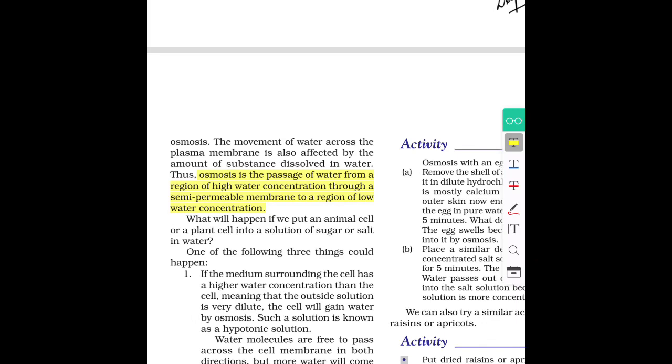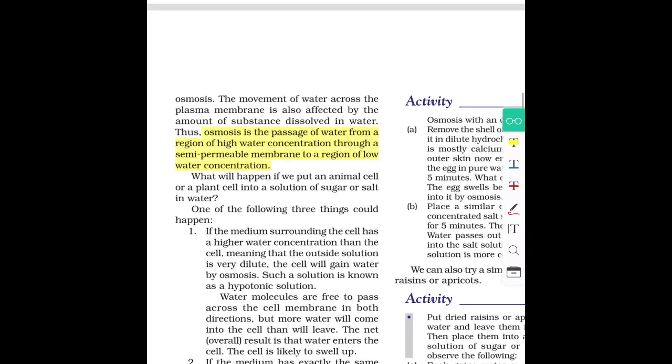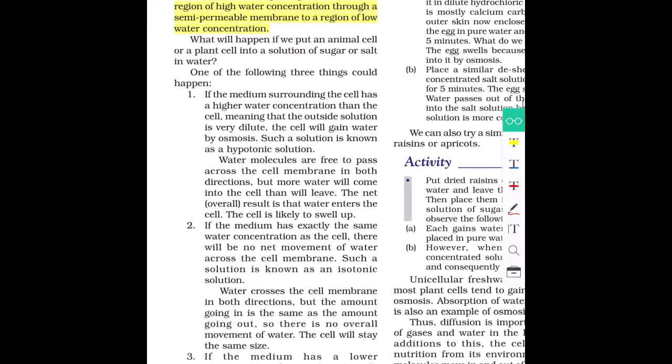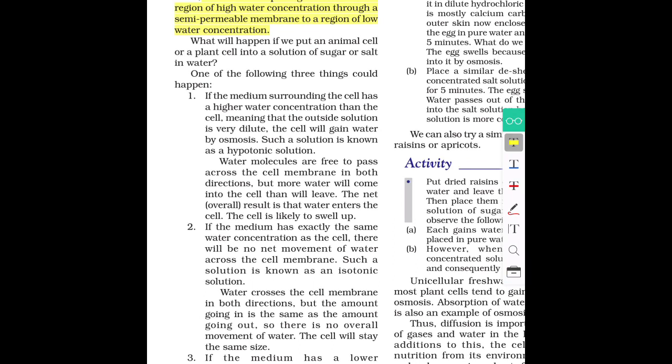How does this occur? For that, we need to understand three important things related to a solution or osmosis, that is hypertonic, hypotonic, isotonic. Now, what are these words?